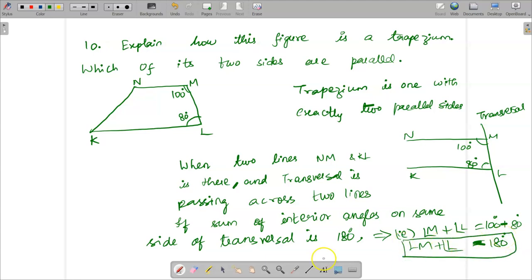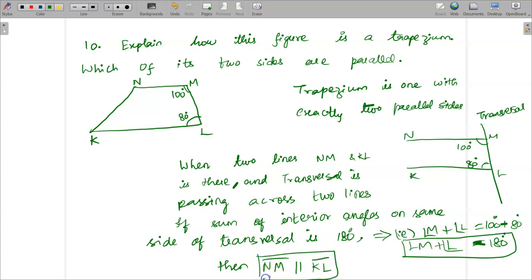Then I can say that these two lines are parallel, NM is parallel to KL. So when the two lines are parallel, I can say that KLMN is a trapezium.